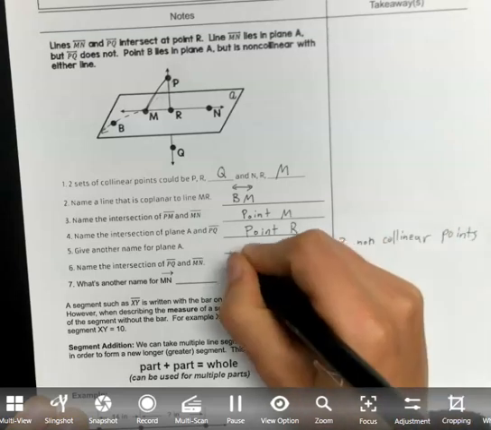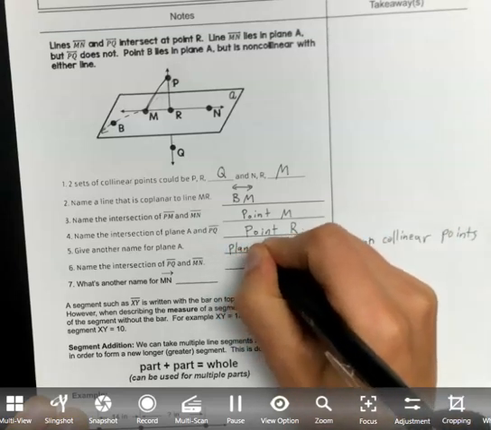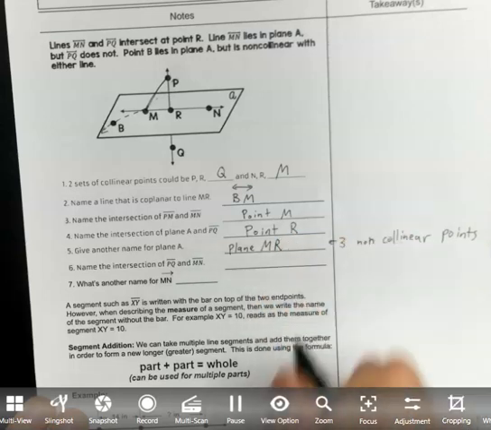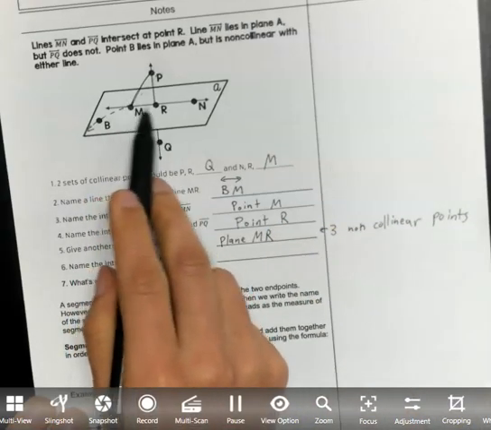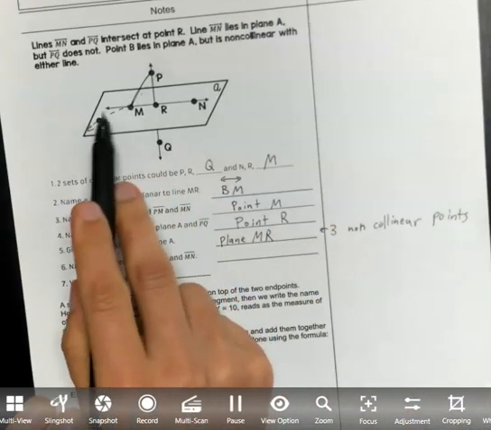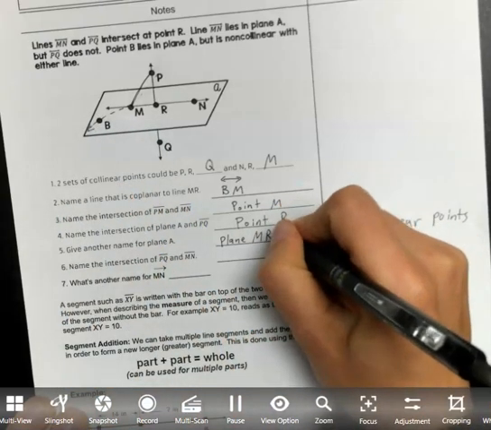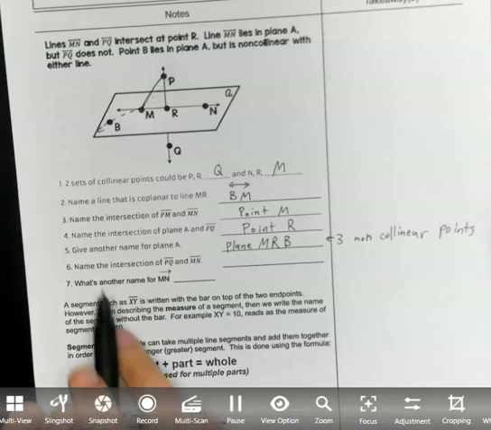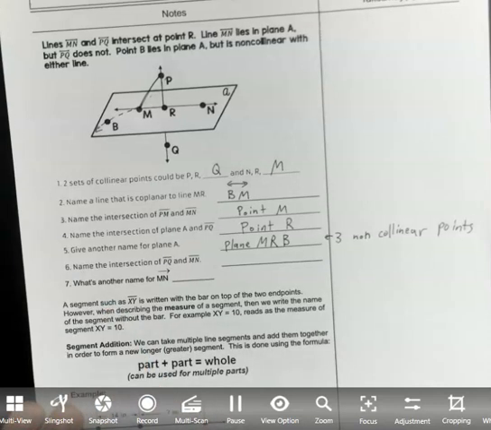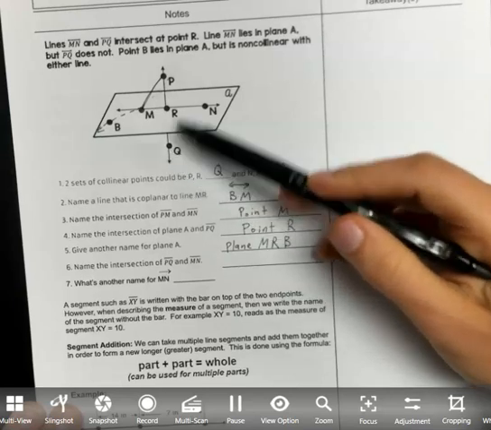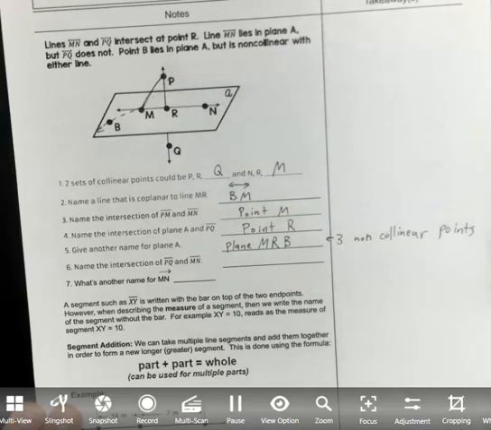So I can say plane M, R, so I can use these 2. And then the third point has to be something that's not on the line, so I'm going to use that B. There we go. All right, now, the wrong answer would have been using point Q or point P, because those aren't even on the plane.